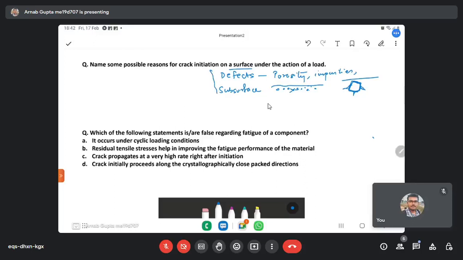So you can have stress concentration points. If you have seen water reservoirs, have you seen water reservoirs on overhead water tanks? You can see that their corners are generally not sharp.